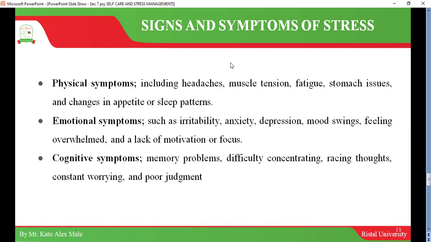Cognitive symptoms may include memory problems, difficulty in concentrating, racing thoughts, constant worrying, and then poor judgment. Like we have seen, with memory problems an individual cannot remember very well, cannot concentrate well. That is one of the cognitive symptoms of stress.